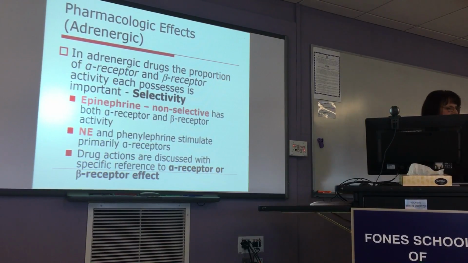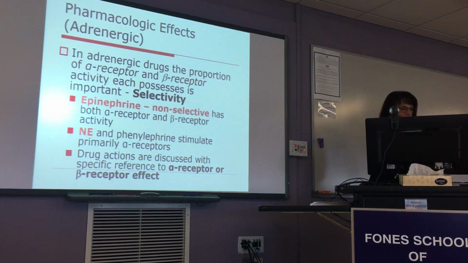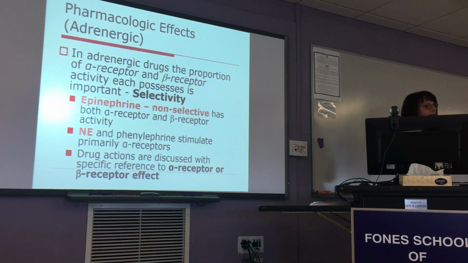Okay. The adrenergic drugs have alpha receptor and beta receptor responses, but we hope that they're going to be a little bit more selective, okay? There are different kinds. Epinephrine in itself is non-selective, so it has both alpha and beta receptor activity.